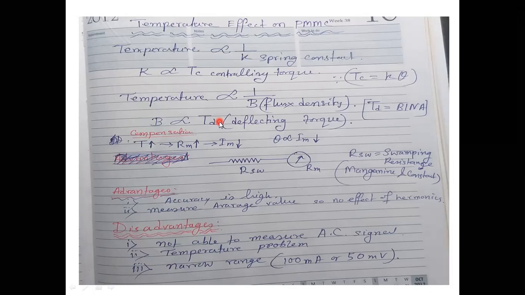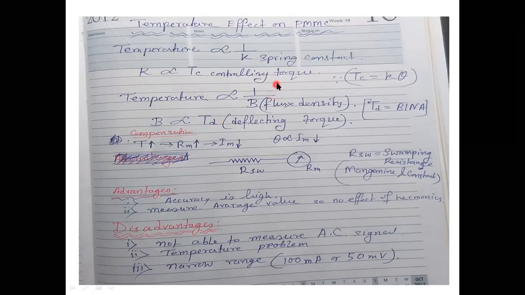I can't say exactly, this is for assumption. So the deflecting torque is reduced and the controlling torque is also reduced, so they go to an equilibrium with each other. But in this case, we need some compensation.